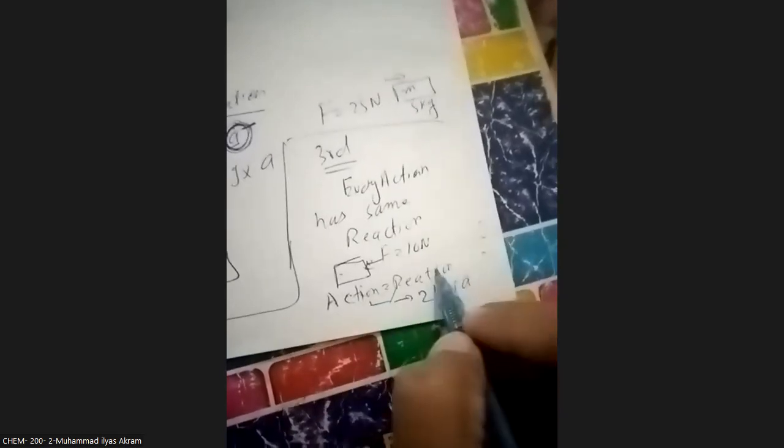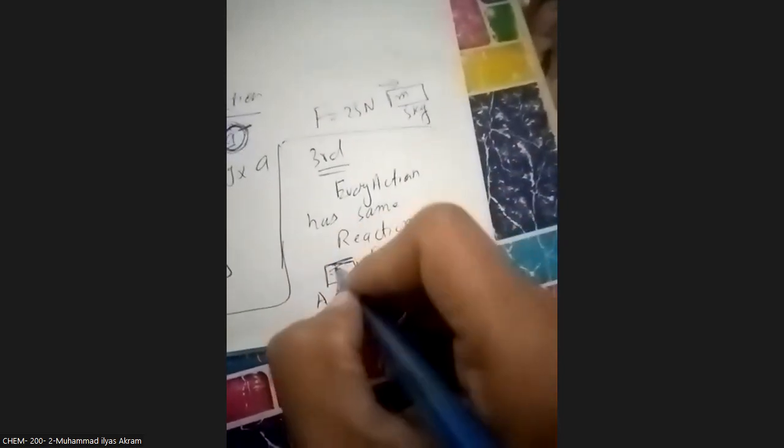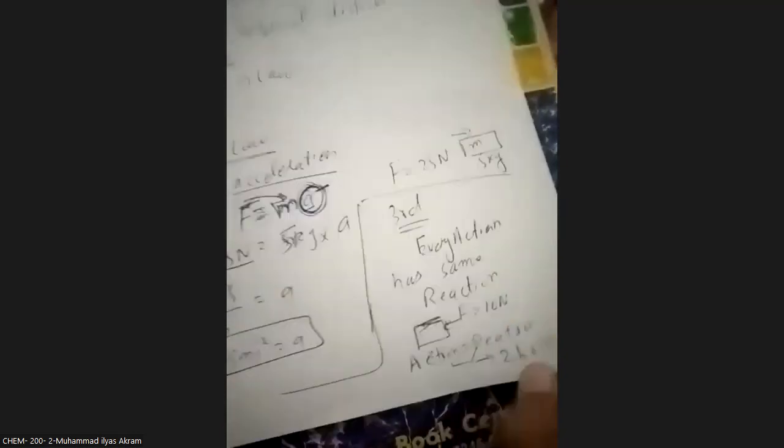Action and reaction cannot be applied on the same body. If you are applying a force on the body, then the body applies a force on you. So every action has an equal and opposite reaction.